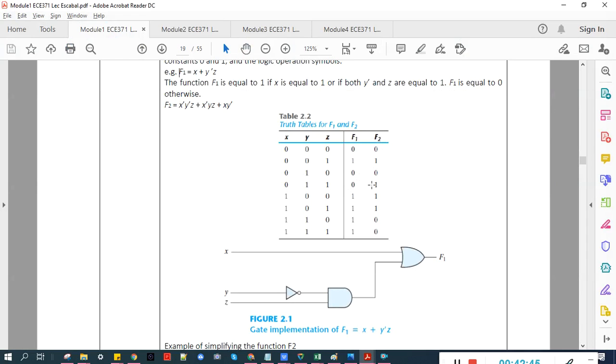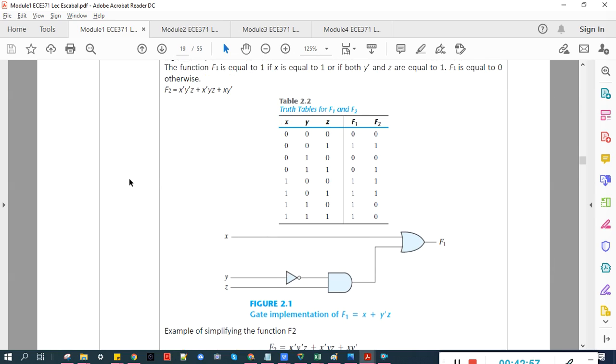For f2, you substitute your inputs to f2. It's the same process. And then this is the logic gate implementation of f1. X is ORed.